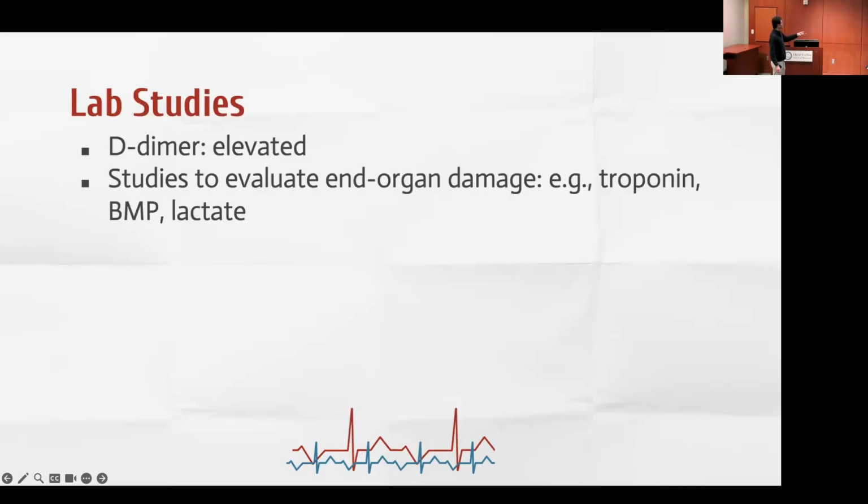As I mentioned, don't rely on just D-dimer itself, but also look at the signs of end organ damage. So if there's elevated levels of troponin, which is released by cardiomyocytes when they are damaged, that can be one biomarker. BMP, doing a basic metabolic panel, testing for sodium, potassium, chloride, bicarbonate, nitrogen, creatinine, glucose.